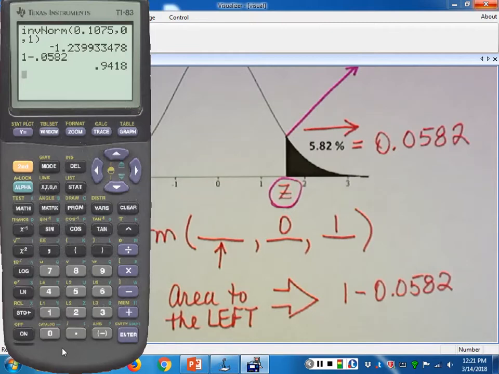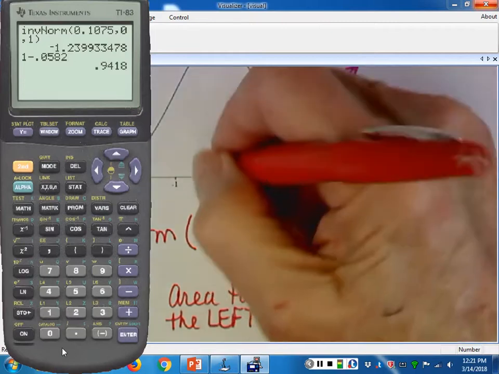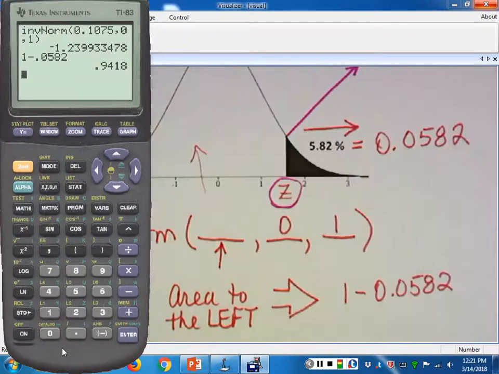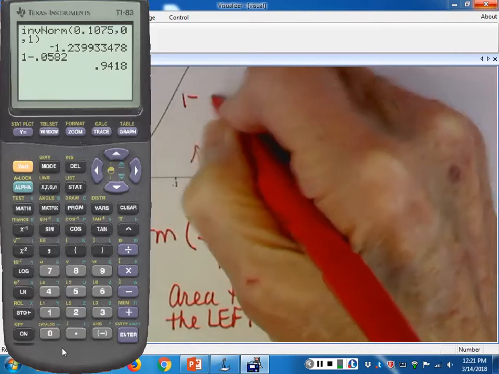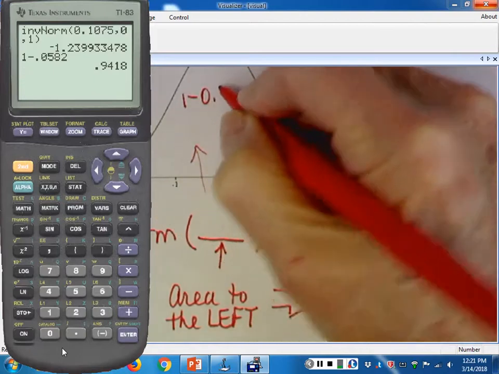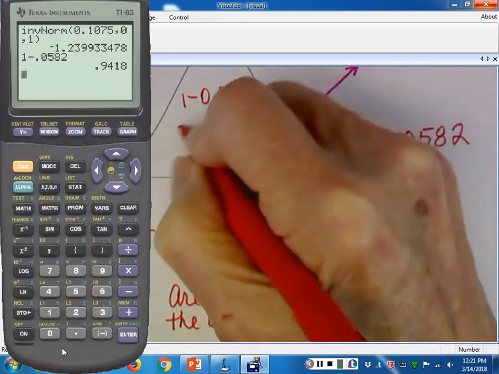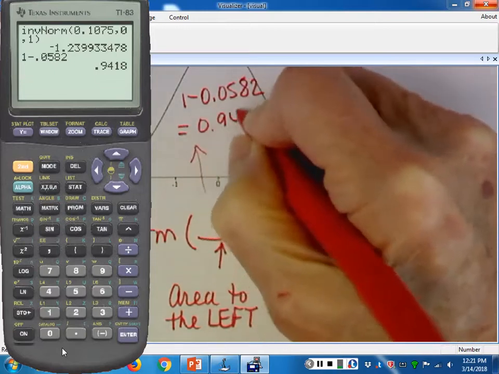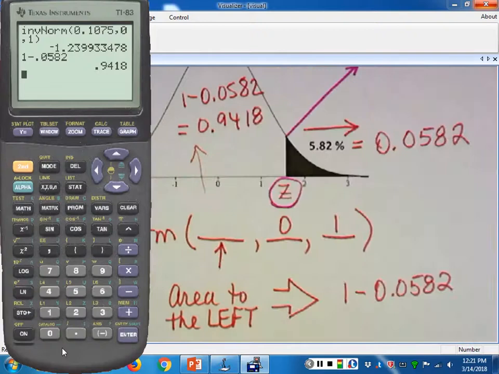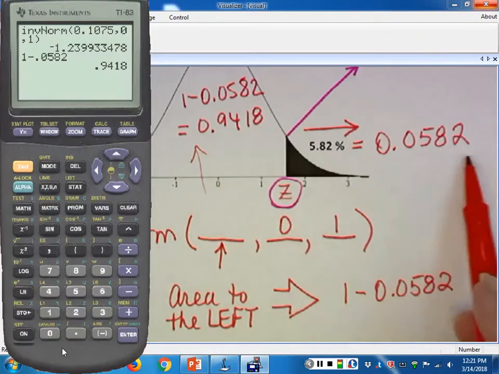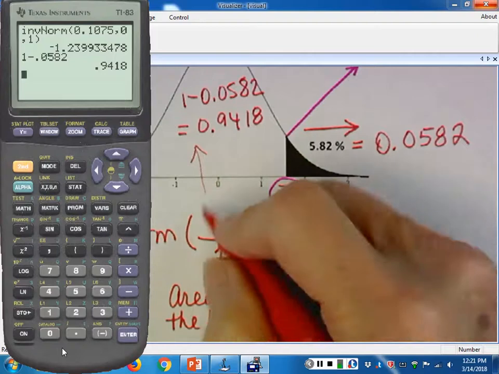And so that area that we're going to use, which is the area to the left, which is the area over here, that area is actually .9418. Okay? It's 1 minus the .0582. And that gives us .9418.